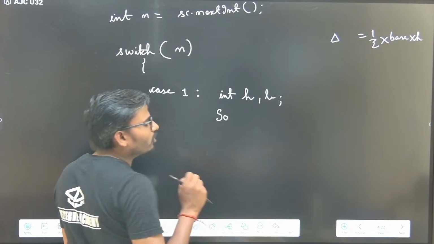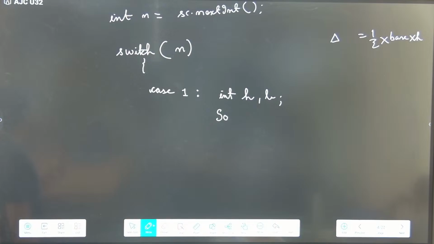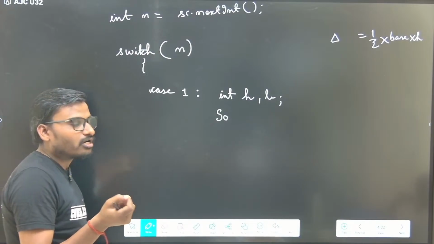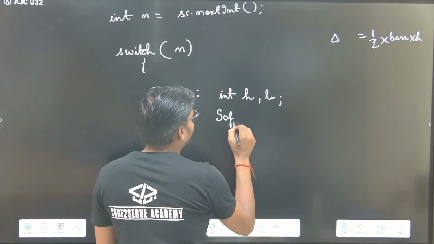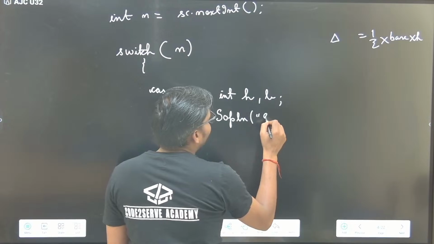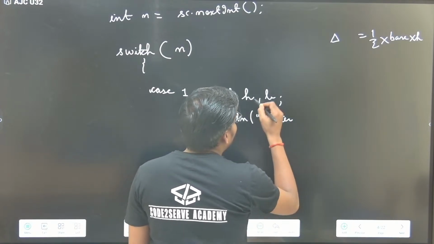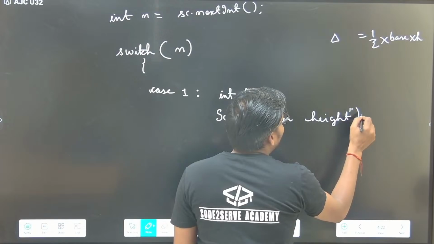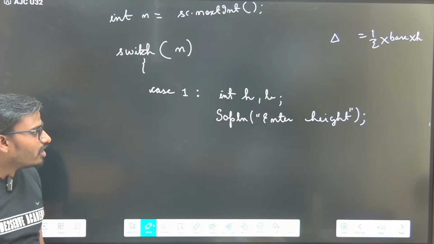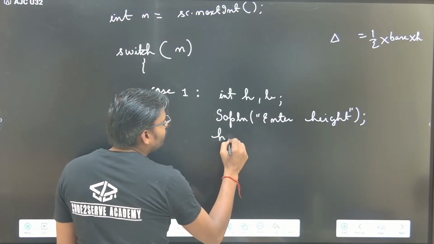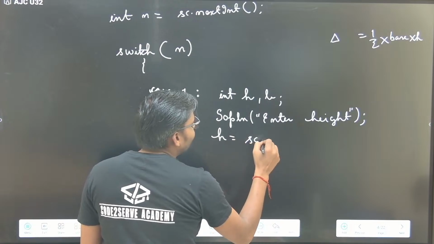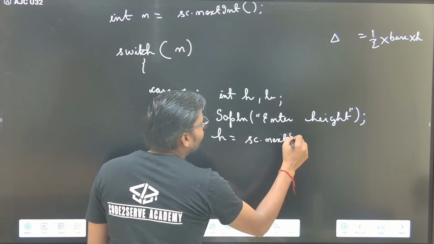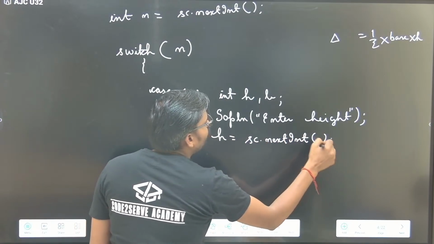In your exam, don't write SOPLN. You have to write the complete format, System.out.println, and here you will write enter first height. So we'll capture the height first. H is equals to sc.nextInt.